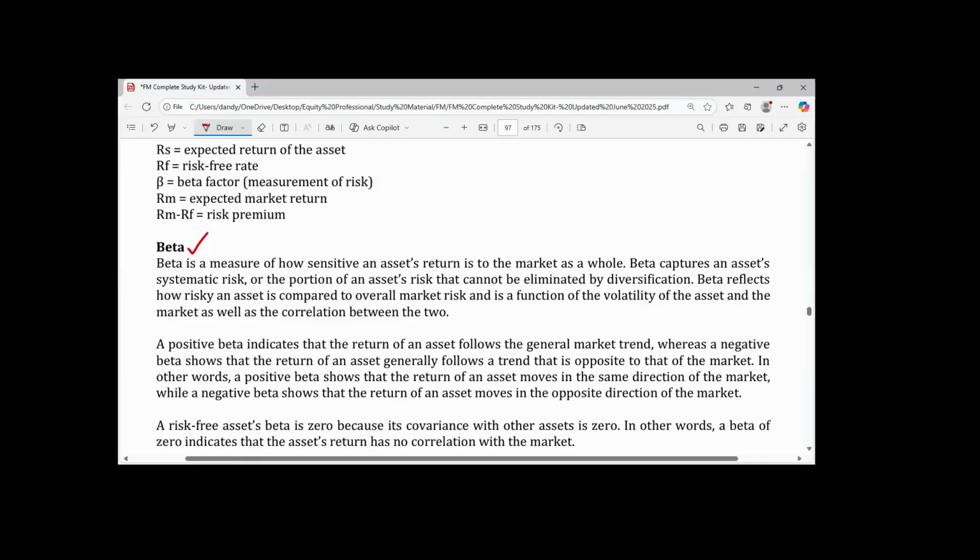We have positive beta, negative beta, and then zero beta. What do you mean by positive beta? Positive beta shows that the return of an asset follows the same direction as that of the market.